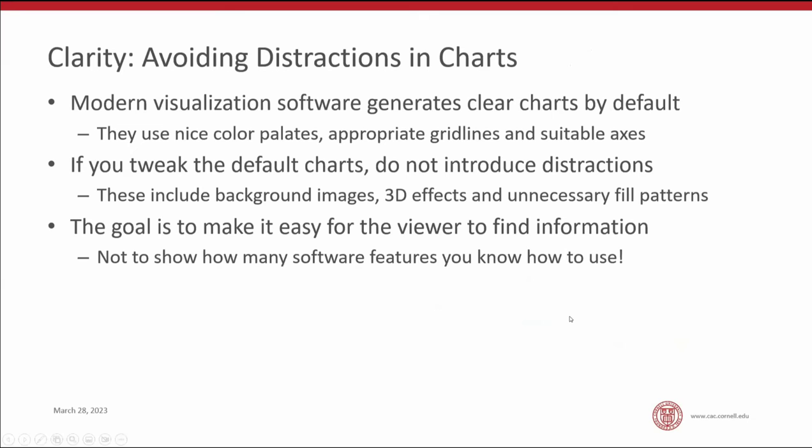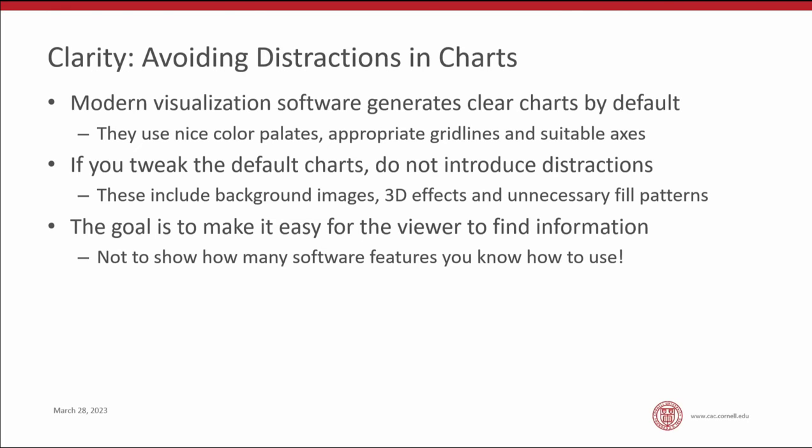On clarity, I want to say that modern software has made this less of a problem than it was before. If you generate a chart, the default chart you get uses pleasing color palettes and puts in good axes and grid lines to be informative but not too distracting. It's when people try to use the fancy features of the software and add in background images and special effects and patterns that they wind up distracting the viewer.